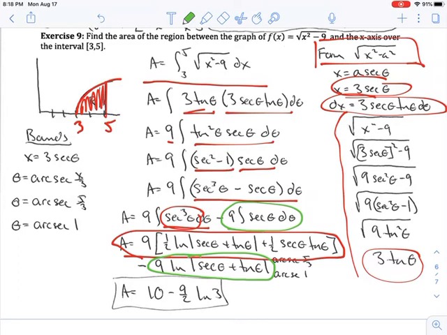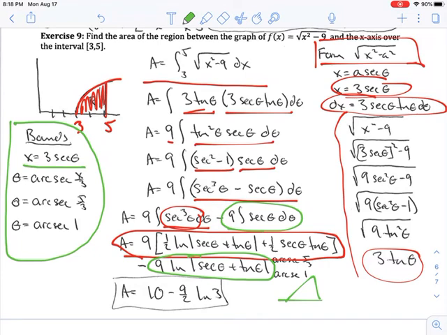Now, we also have to change, this is a definite integral. Just like in the last video, we have a definite integral, so it's handy to change the bounds. If I change my bounds from x values to theta values, then I don't need to go through and do that right triangle process to convert these things back from thetas into x's. Save myself a little time. So we know that x is equal to 3 secant theta. That comes from our definition over here.